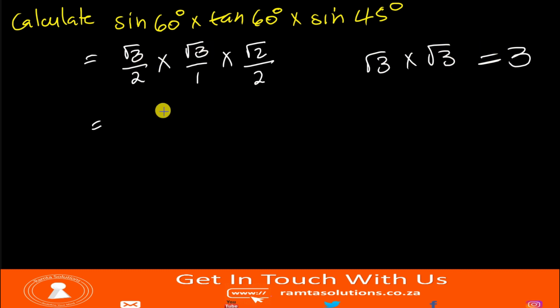So this will be 3 root 2 all over 2 times 1 times 2, which is 4. So your answer is 3 root 2 over 4. Grade 11 and 12, you are aware of why.